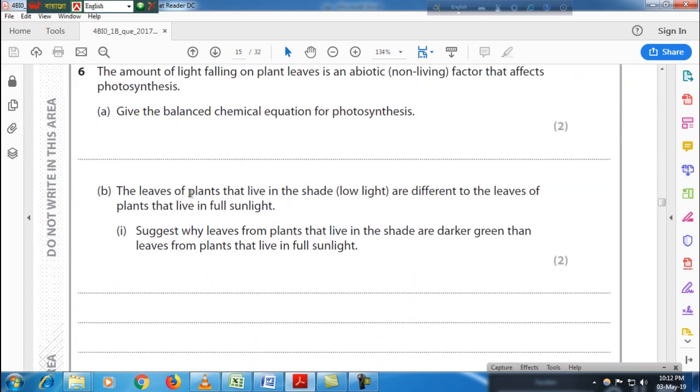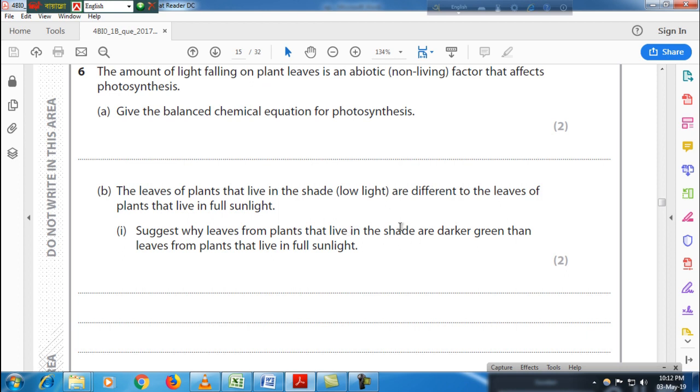Here what they want to say is, the leaves of plants which live in low light are different from the leaves which are getting full sunlight.